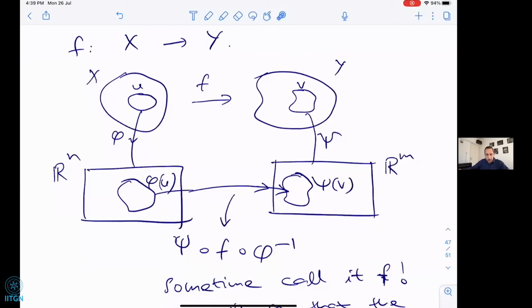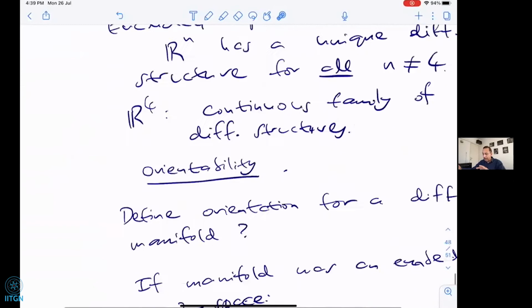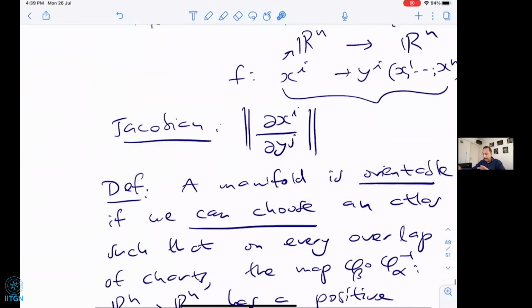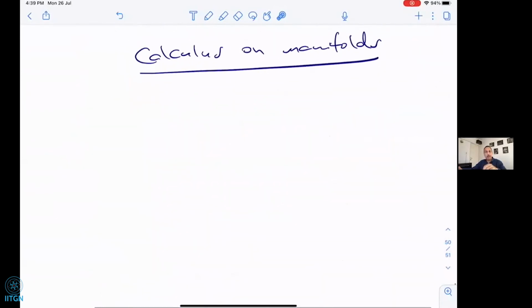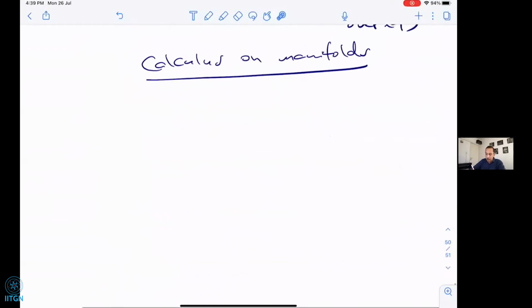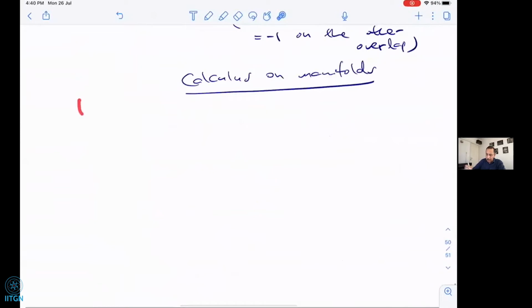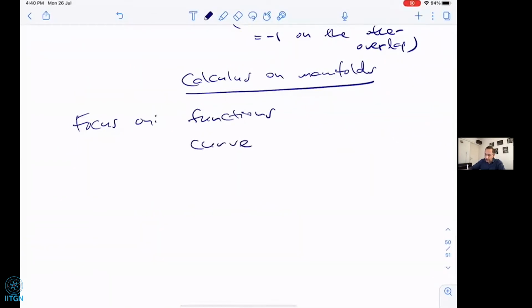Okay, now we move on to calculus on manifolds. All this time, we've been trying to focus on the manifold. But now we focus on functions, curves, tangents, vectors.